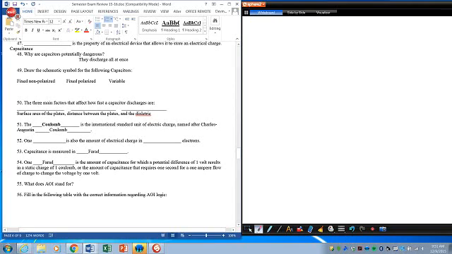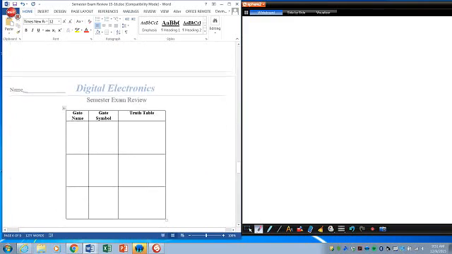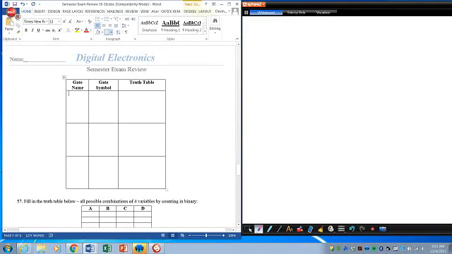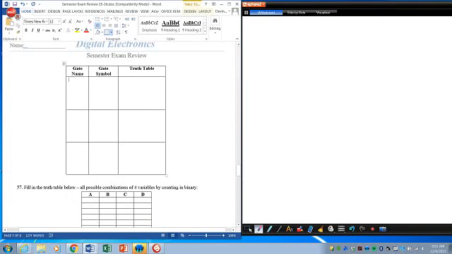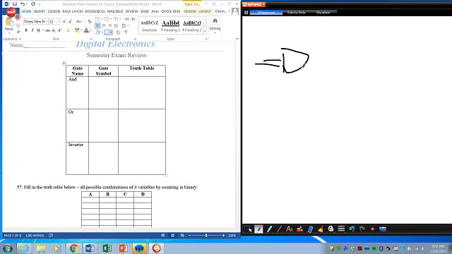Number 55, AND, OR, and inverter. This one you should already be familiar with. There's an AND gate, OR, inverter. Okay, gate symbol. AND gate looks like this. OR gate looks like something like this.